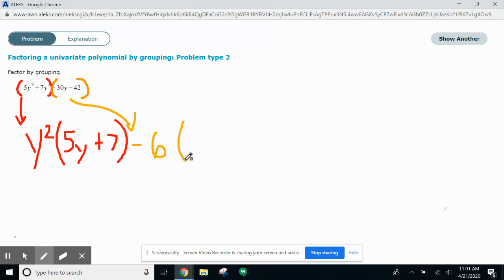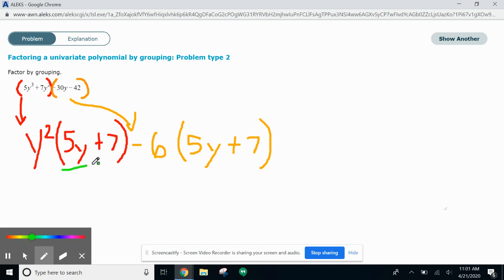And if I do that, what's left inside? Well, if I take out the negative 6, negative 30 divided by negative 6 will be positive 5y. And this will be positive 7.